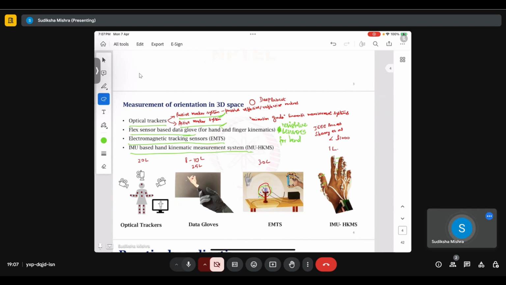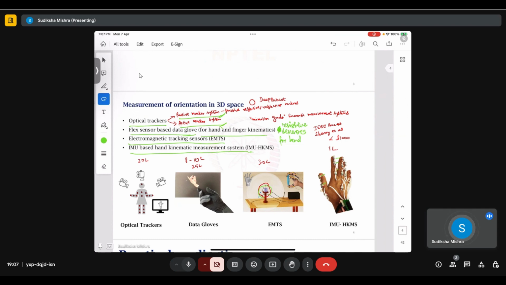There is one more method, which is essentially a glove which has bend sensors. If there is a bend, there is a change in the resistance, and this is sensed by the glove, and then the information is relayed. This is usually for hand and finger kinematics.